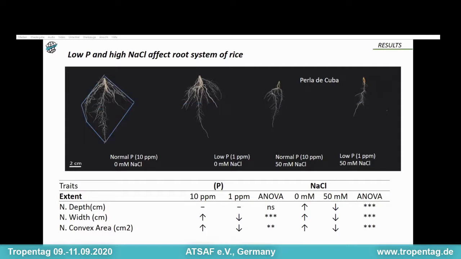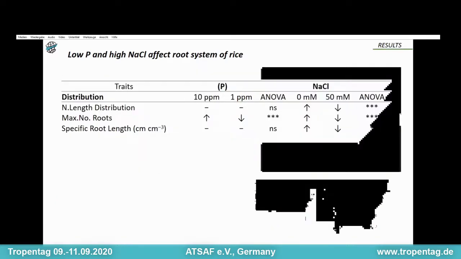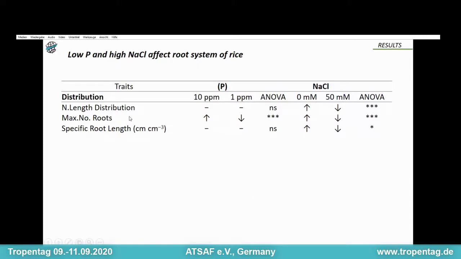In general, the distribution traits were more affected by salt stress than low concentration of phosphorus. Only maximum number of roots was reduced by P starvation.